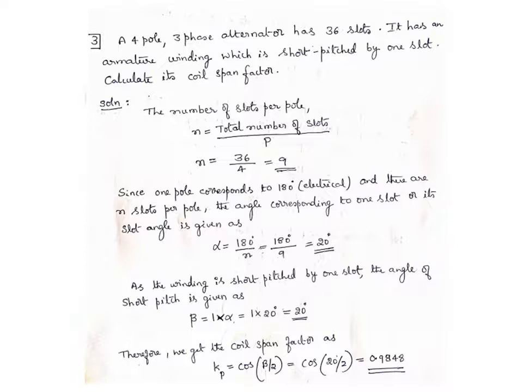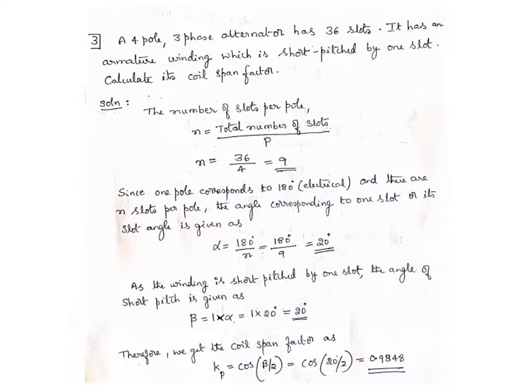How to calculate small n? Small n is the number of slots per pole. Total number of slots is 36 divided by the number of poles, 4, so the number of slots per pole is 9. What is the slot angle? What is the angle for a single slot?